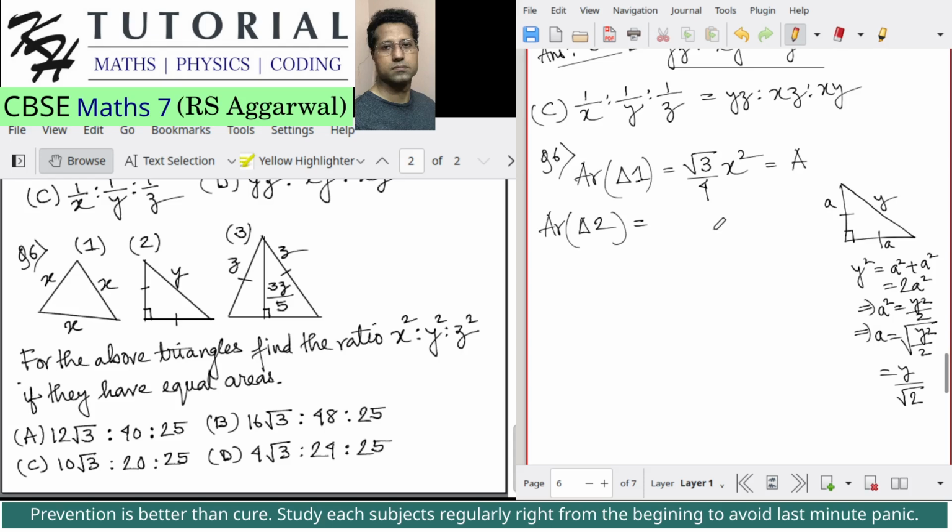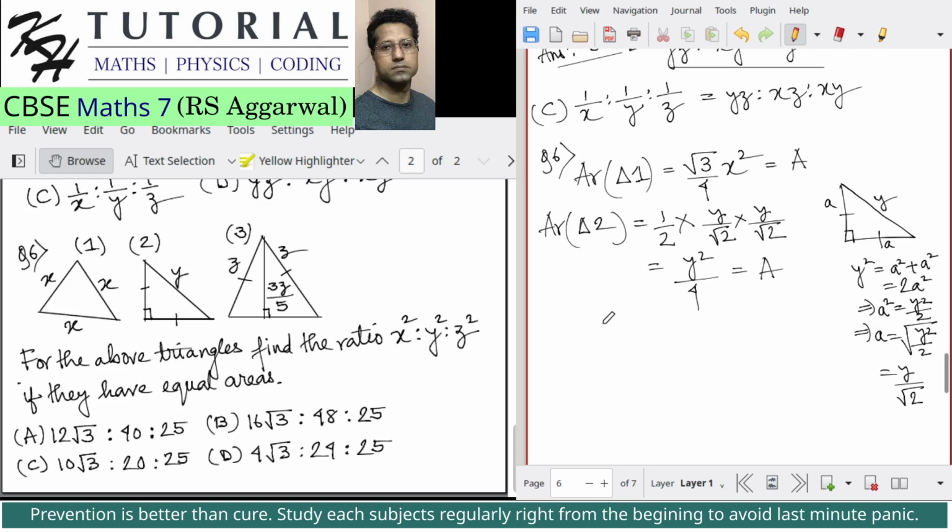We can consider the two legs as the base and height. So it will be half multiplied by y by square root of 2 multiplied by y by square root of 2. So this is equal to y square by 4. This is also equal to A.